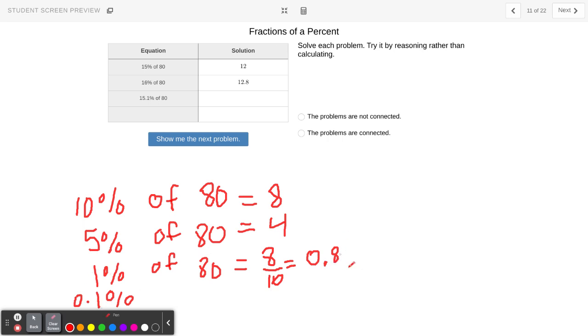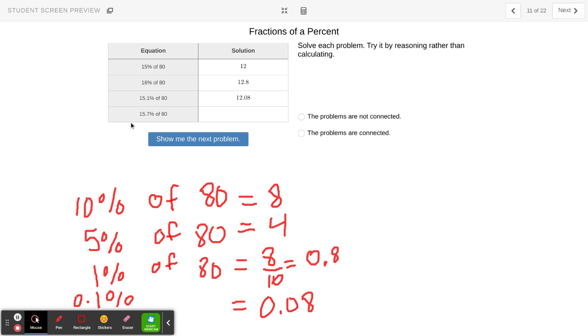So again, we're going to do the same thing over here. We divide it by 10. And so that's going to end up equaling 8 hundredths. So it's going to be 0.08, right? And then now I can just add that on to my 15%. So we know it's 12 and 8 hundredths.